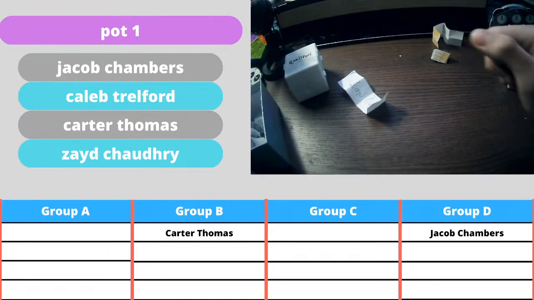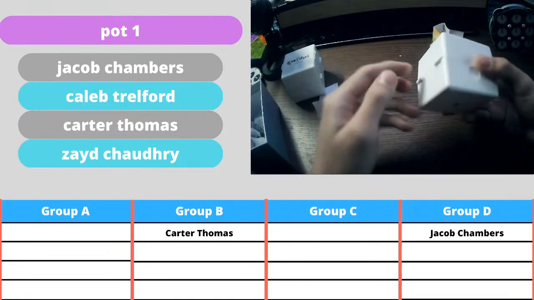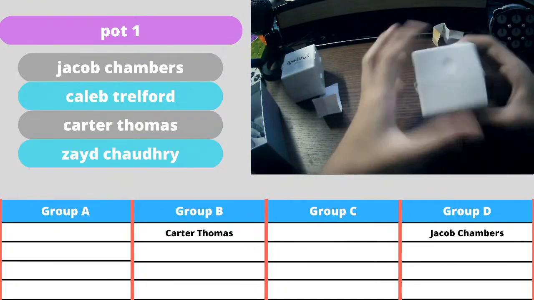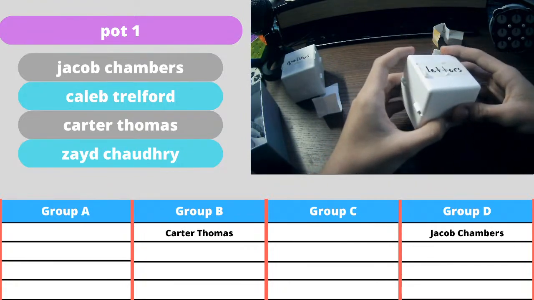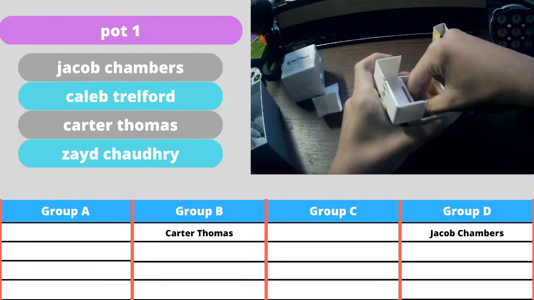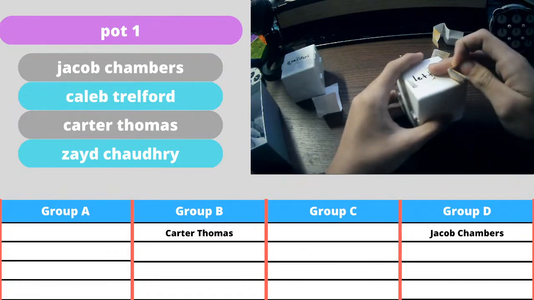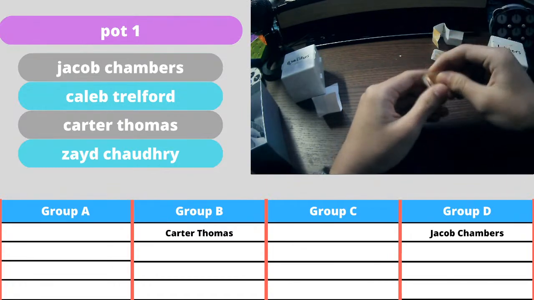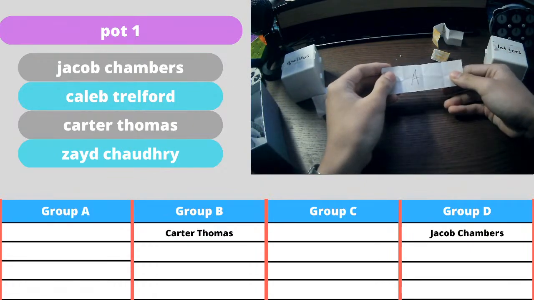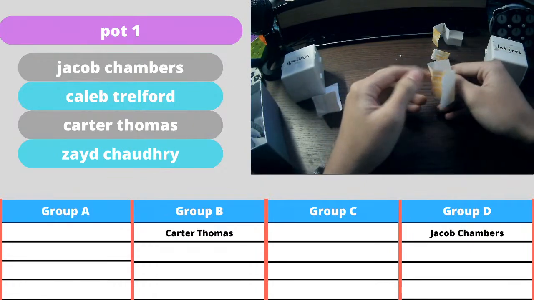All right. He was also in the 4th seed. All right, let's see what letters we placed into. He will be placed into Group A. Okay, so Zayd will be placed into Group A.